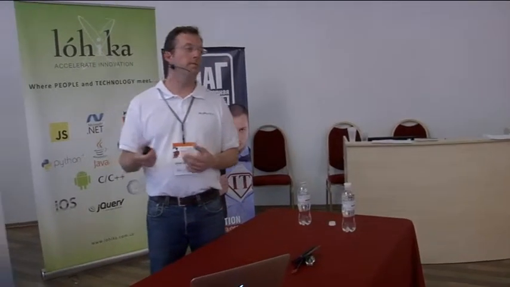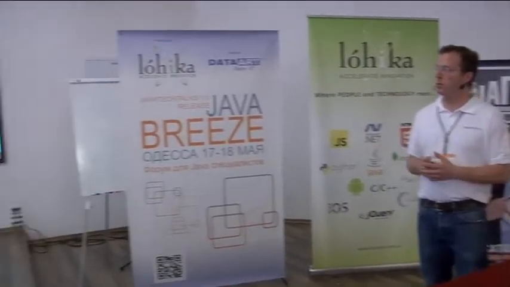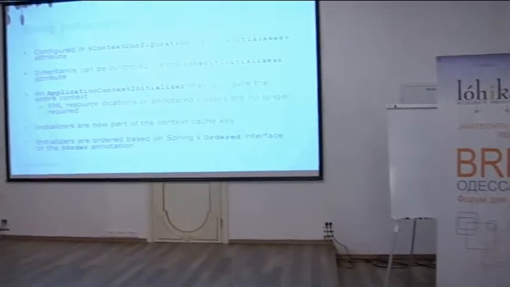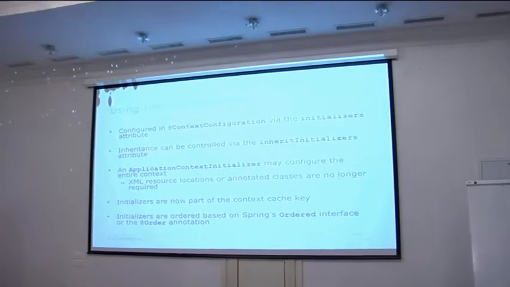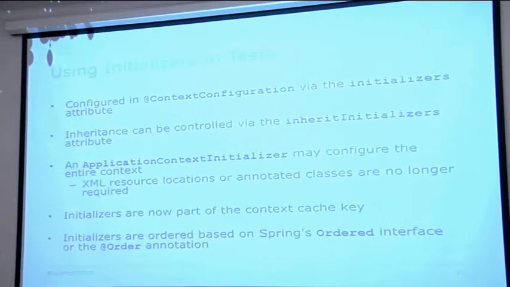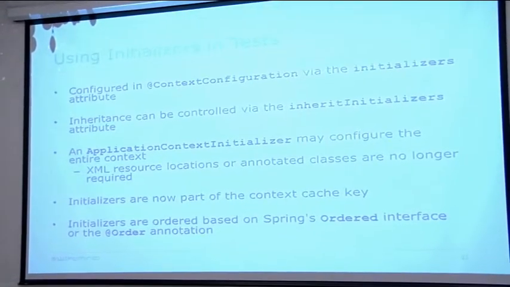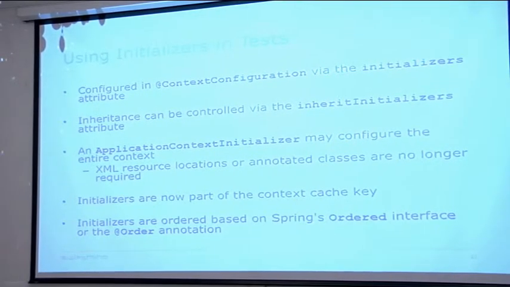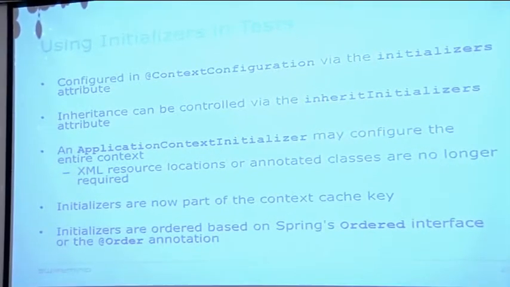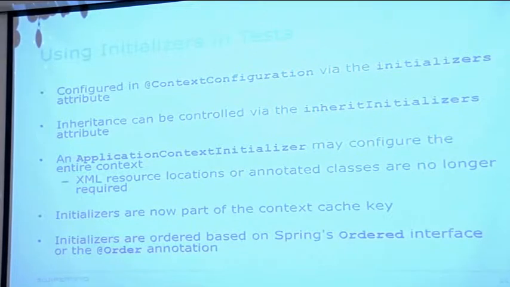And in terms of ordering, if you specify more than one initializer, there has to be a deterministic execution order. This is true in production and also in tests, and that's controlled by Spring's Ordered interface or by the presence of the @Order annotation on those initializers.